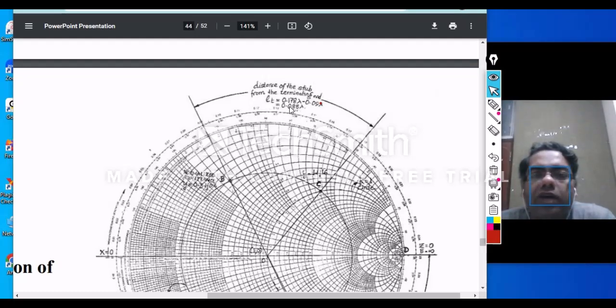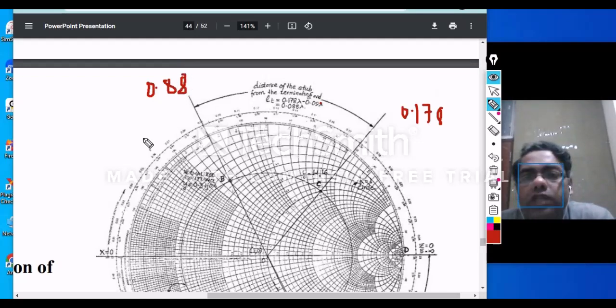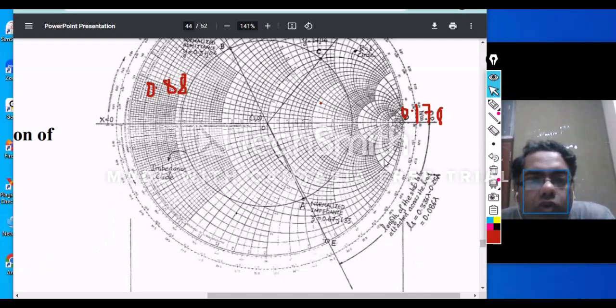It is 0.178 and 0.088. There are two scales, one is wavelength towards generator and another is wavelength towards load.